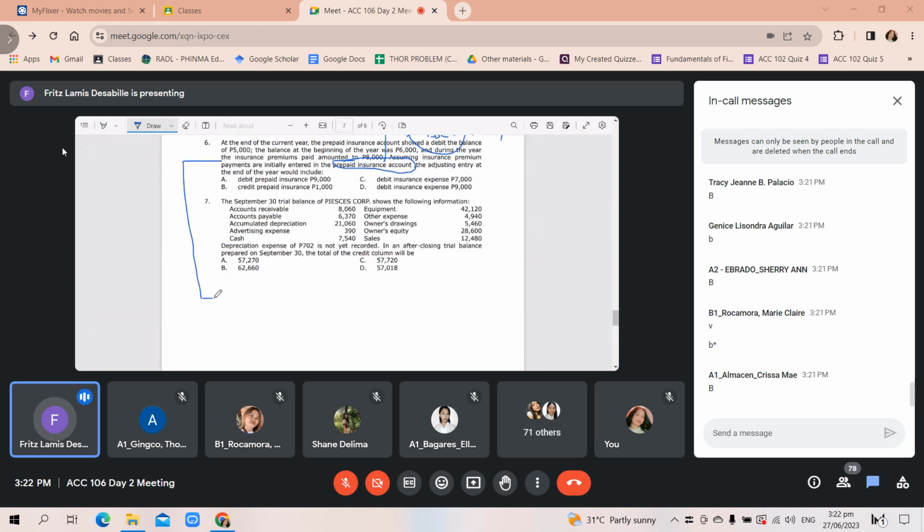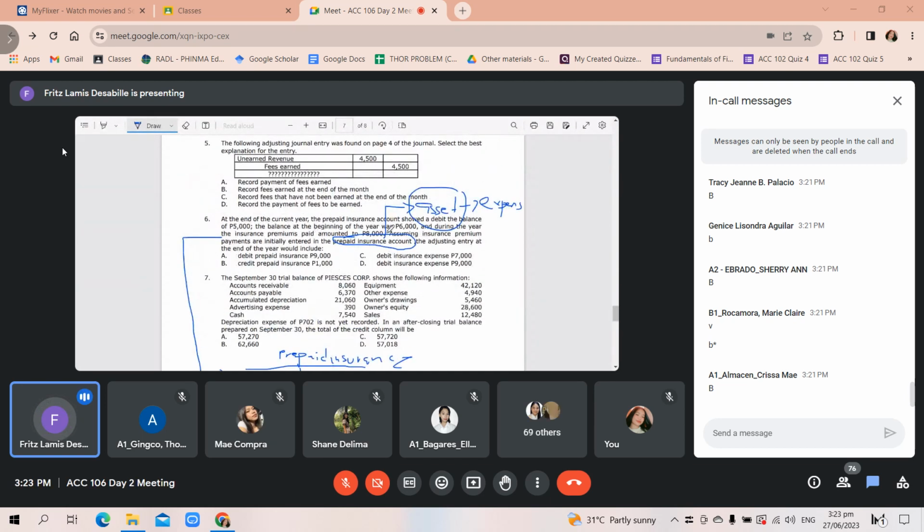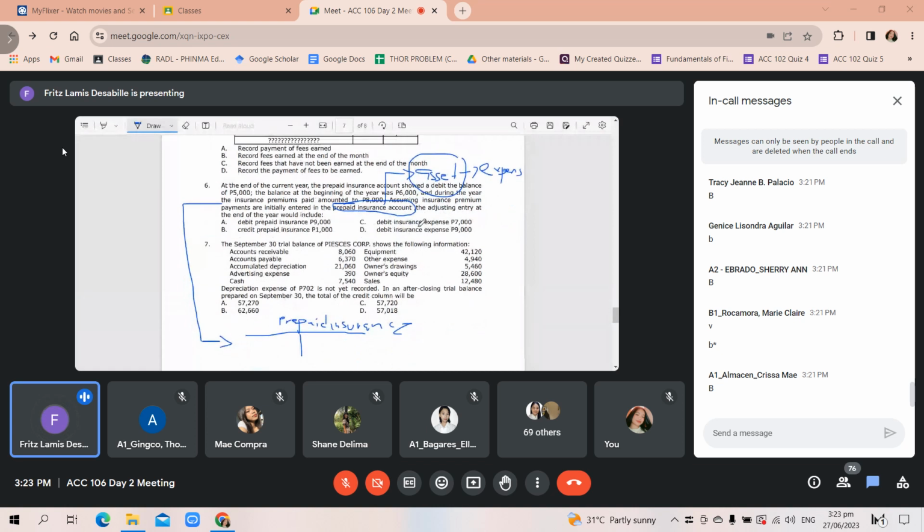So to use this one, we can use the T account, no? The T account concept. So T account. So this is insurance or prepaid insurance. Ang prepaid insurance na to, ang beginning balance, pila ang beginning balance, guys? The balance at the beginning of the year was 6,000.